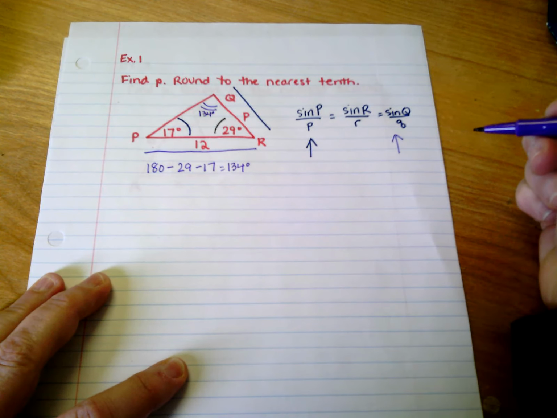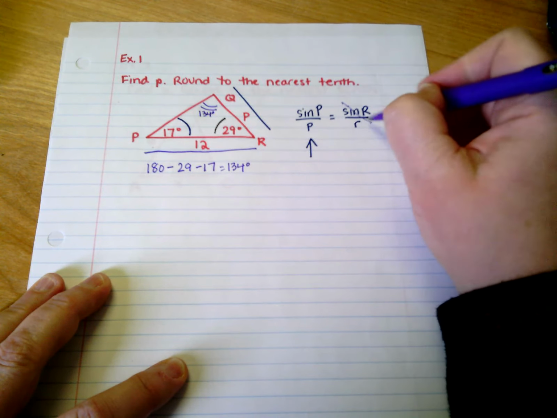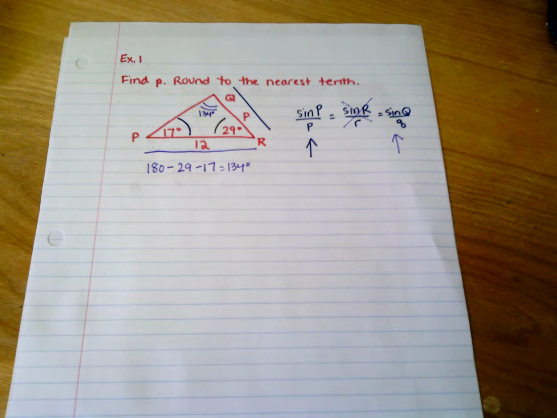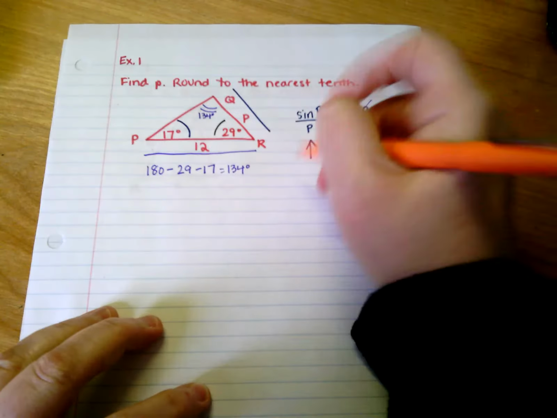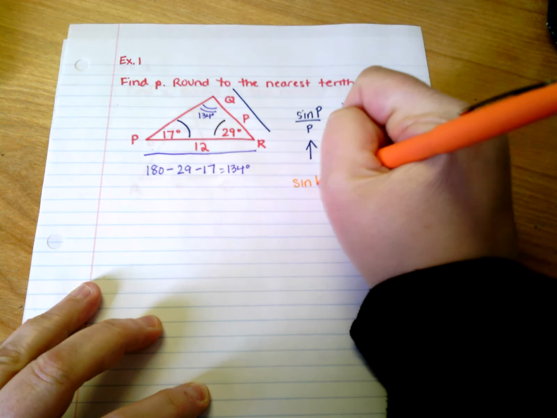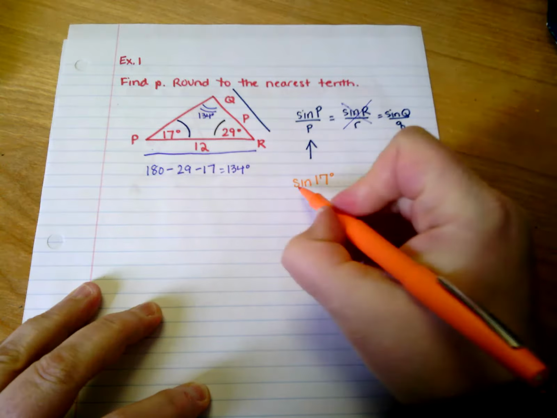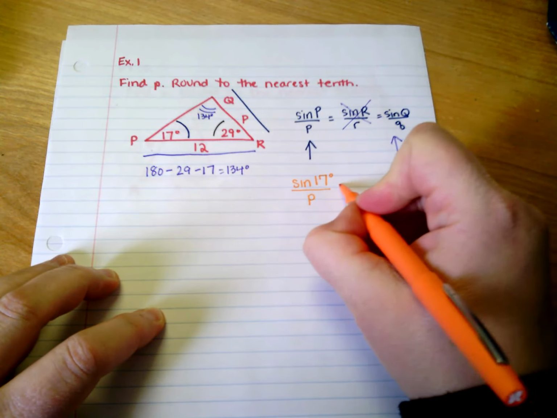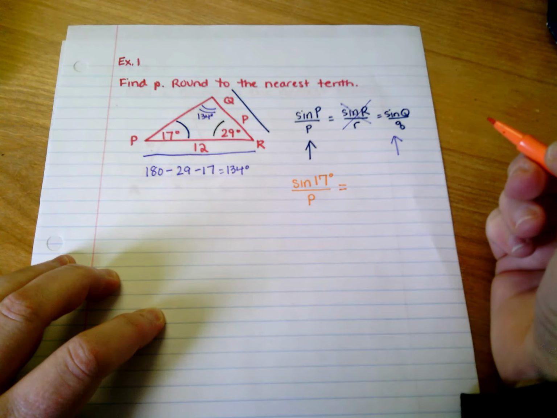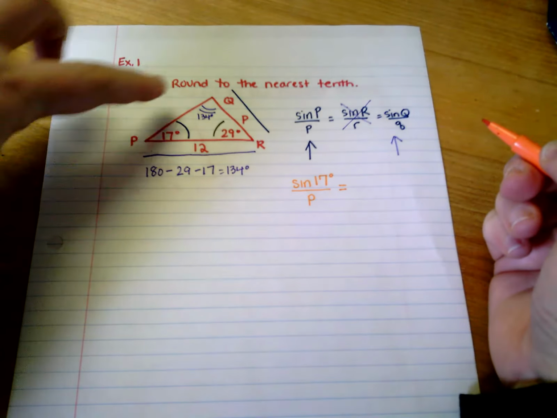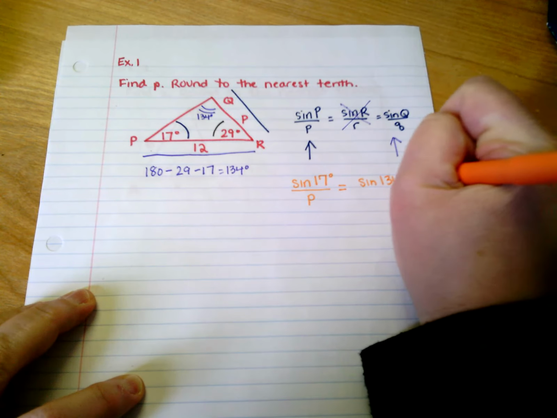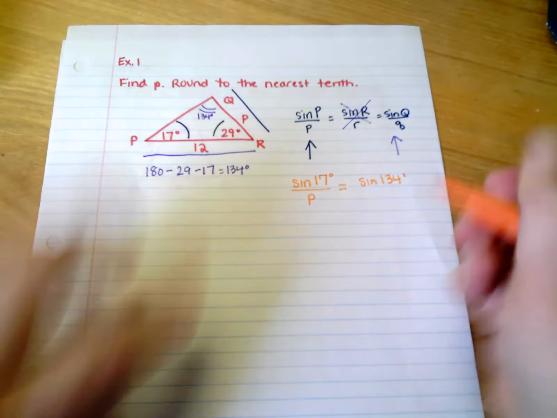I don't need to know what side R is, so I'm actually just going to take this part right out of the equation. And now I'm going to substitute everything in. So the sine of P, angle P is 17. So sine of 17 degrees over side P, that's our unknown, equals the sine of 134 over the side opposite.